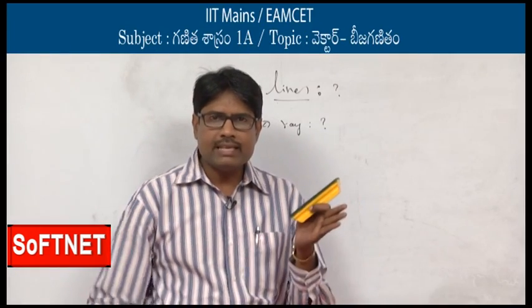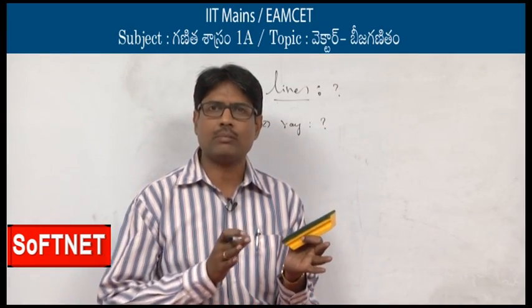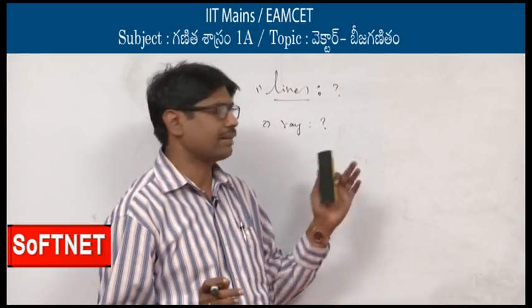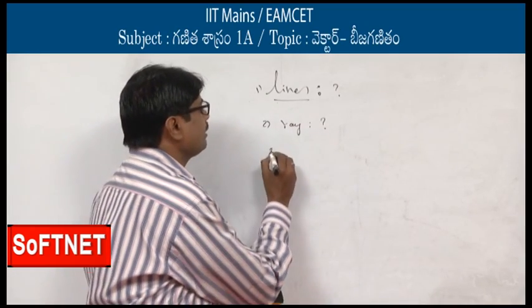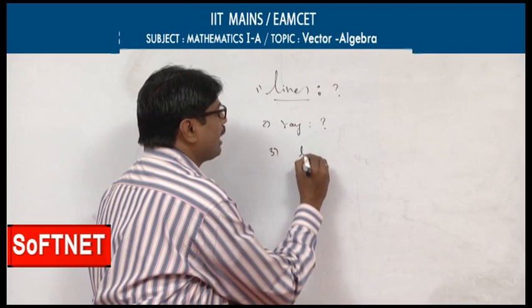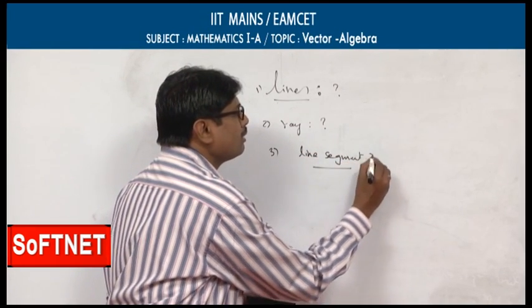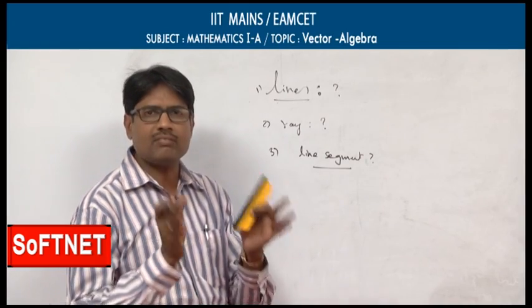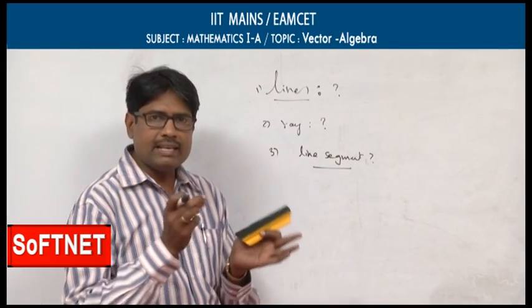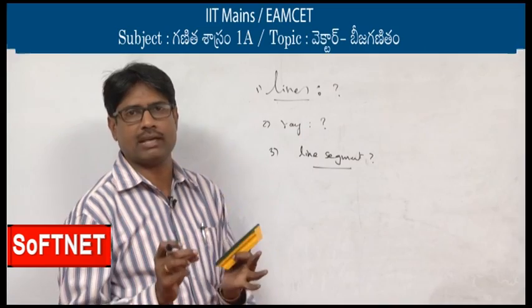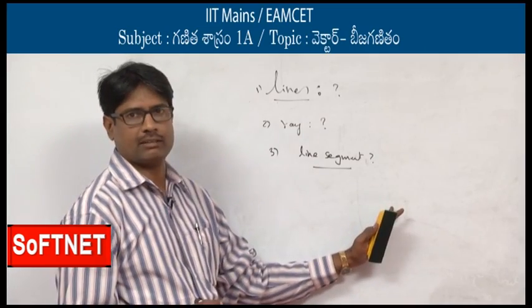A ray is one whose initial point is defined and terminal point is not defined. And the third thing, line segment. What is a line segment? A part of the line whose initial point and terminal point are defined is called a line segment.